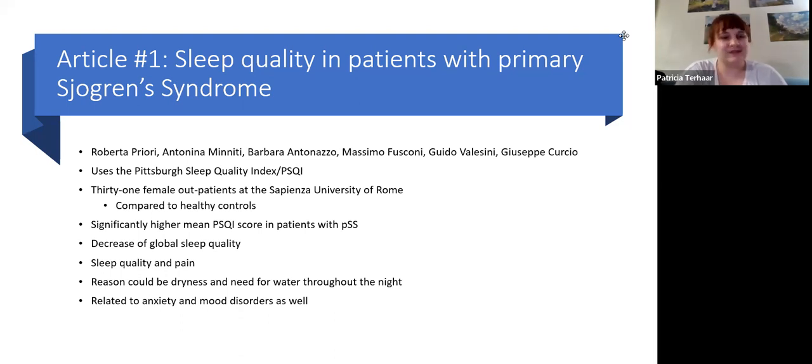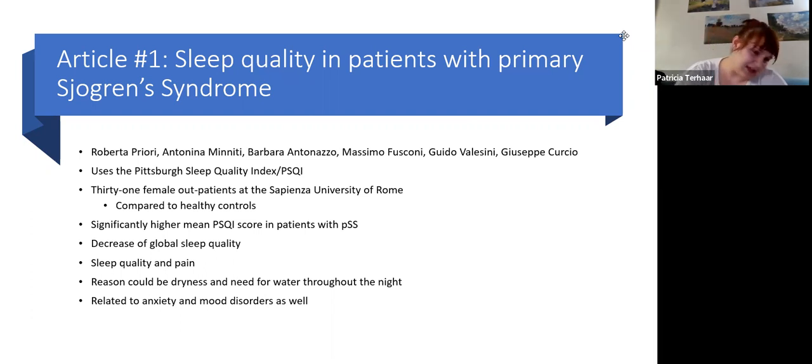It used the Pittsburgh Sleep Quality Index, and it evaluated 31 female outpatients at the Sapienza University of Rome and compared them to healthy controls. They found significantly higher Pittsburgh Sleep Quality Index scores in patients with primary Sjögren's syndrome, and a decrease of global sleep quality.